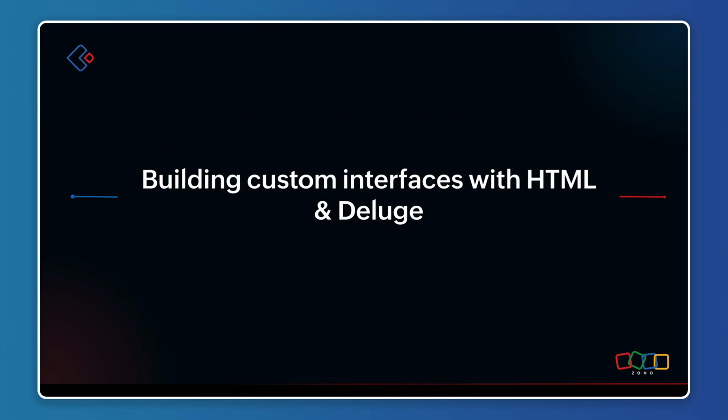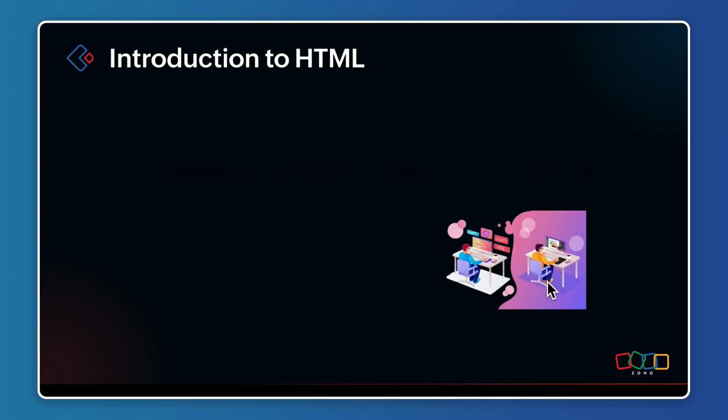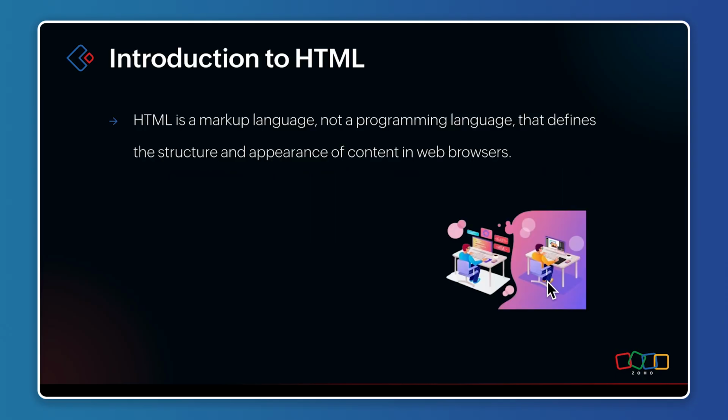Let's understand the HTML concept and how we can use HTML in the Creator platform, right? Before understanding how HTML works in Creator, let us talk about what HTML is in general. HTML, as we all know, is the hypertext markup language that helps you define the structure and the appearance of the content in your web browser.